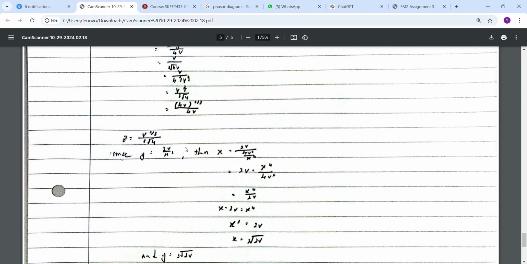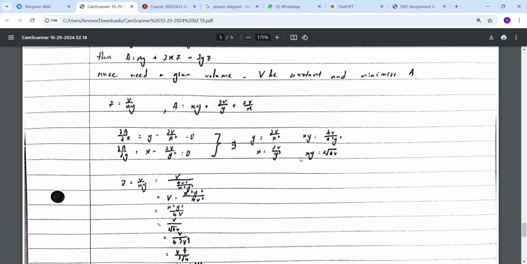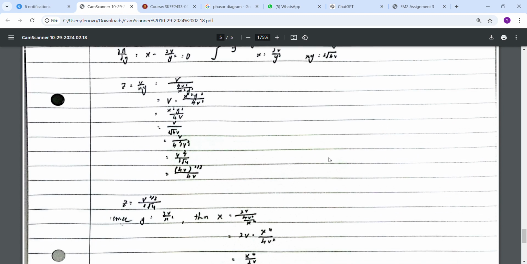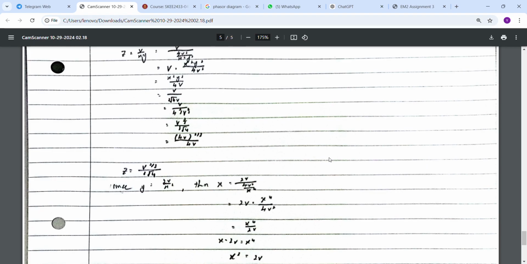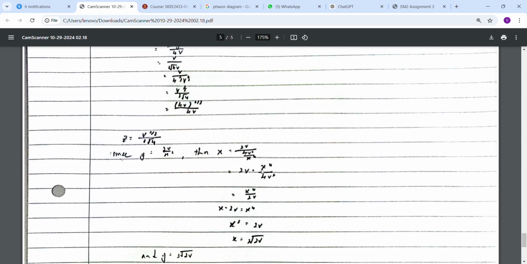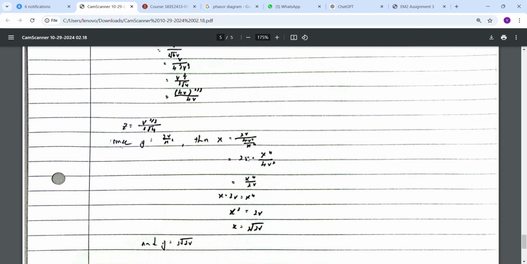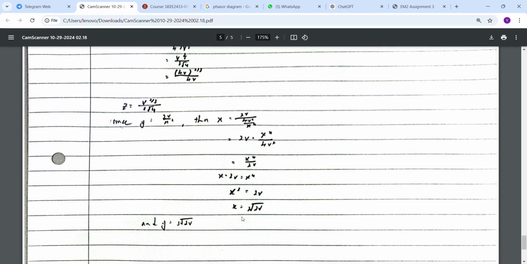Here we assume that y is equal to x. After that we can find the final value of x, which is cube root of 2v, and y is also cube root of 2v.